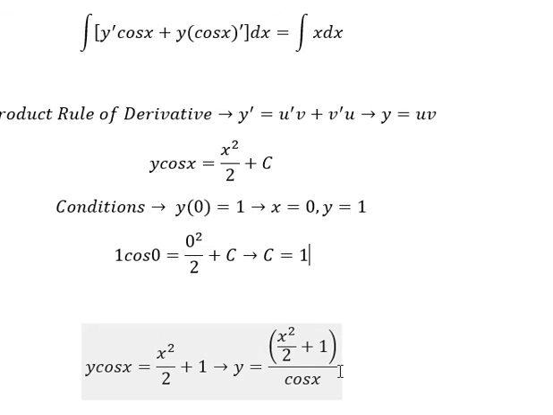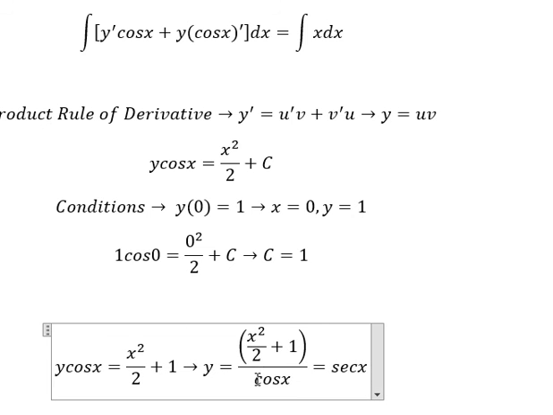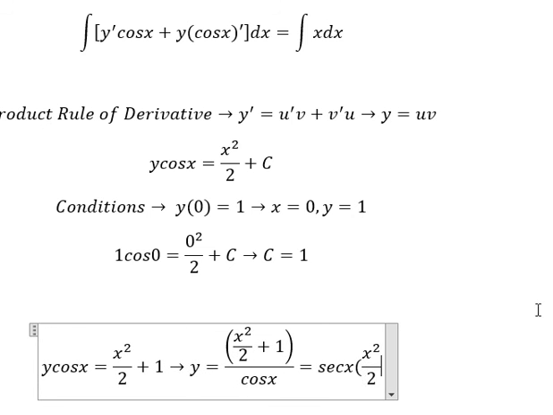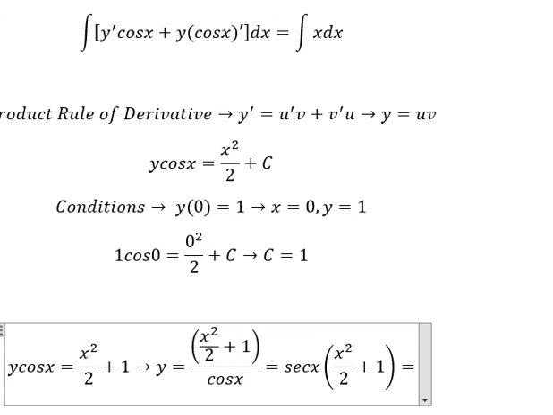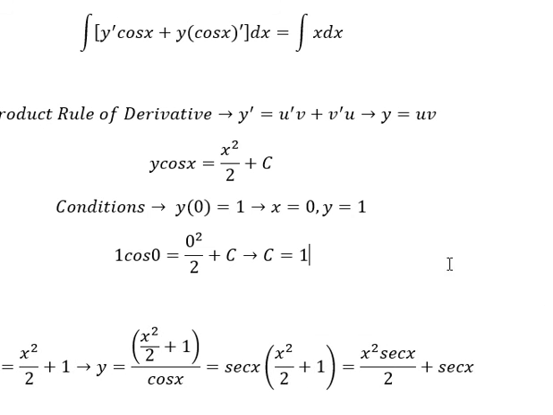Or we can write it this way too, because 1 over cosine s is secant of s. And this is the final answer.